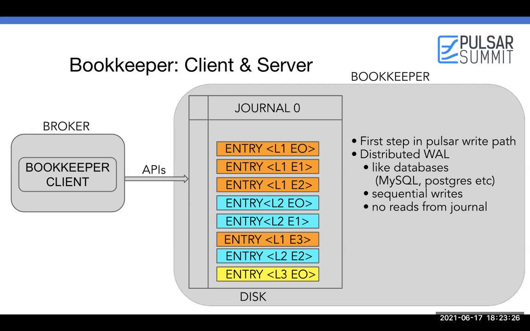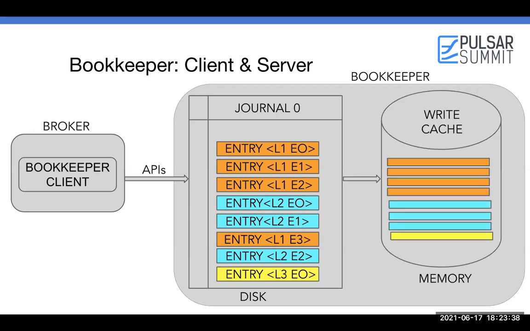So the write to journal is actually the first step in a write to the bookkeeper. We talked about what the journal is. It not only writes to the journal, but also, in the synchronous path when you write to a bookkeeper storage node, it writes to the write cache, which is an in-memory structure.